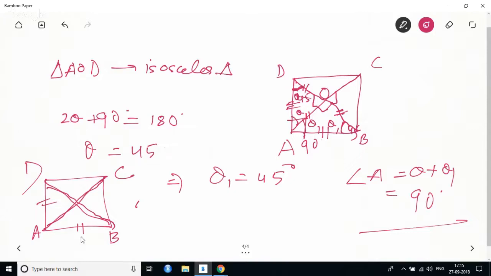All the congruences can be proved and angles can be found out. I like this method, so utilize this method. Or you can say that this is theta1 and this is theta1. Similarly, you can say this is theta and the other one is theta. So every angle can be found out and you can find the value of theta and theta1.